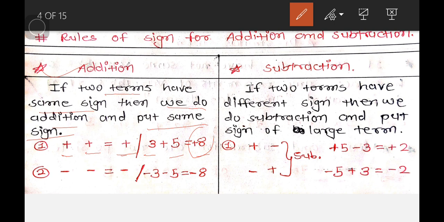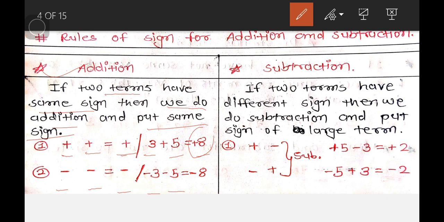Another example, if two terms have same sign, then we do addition. If two negative signs are given in two terms, minus and minus, then we also do addition and put the same sign, minus sign. Here given minus 3 minus 5.